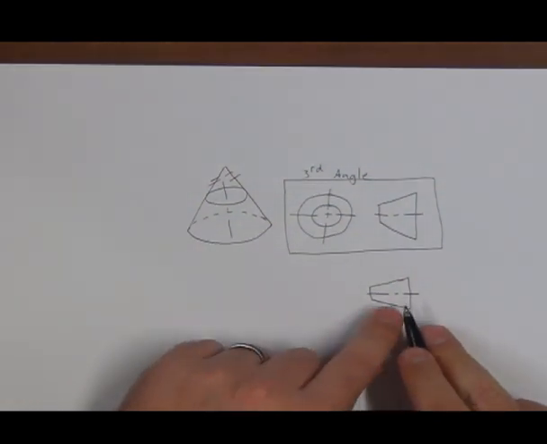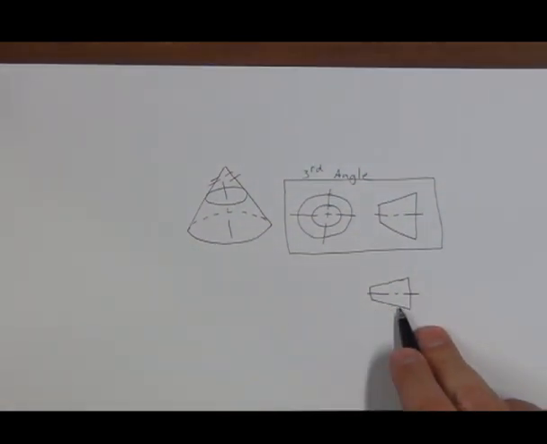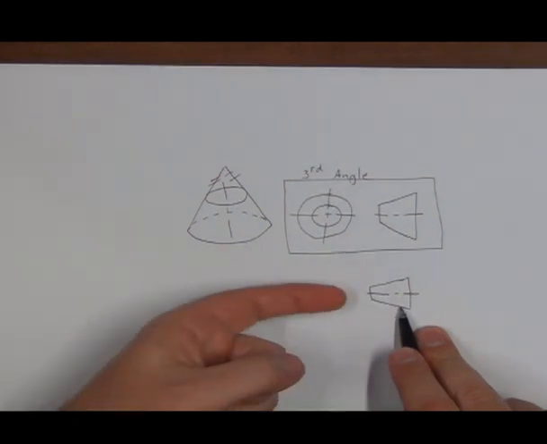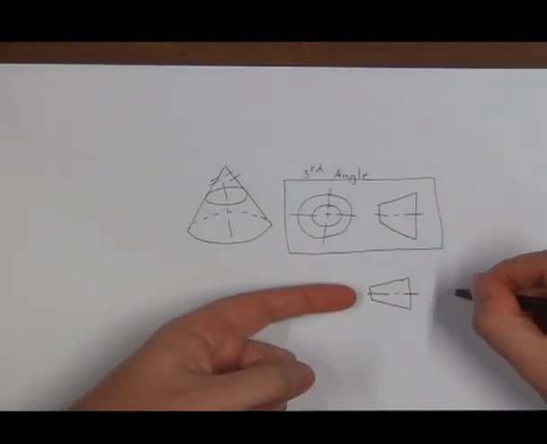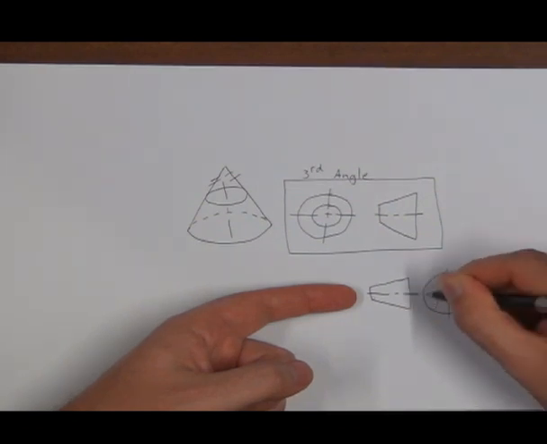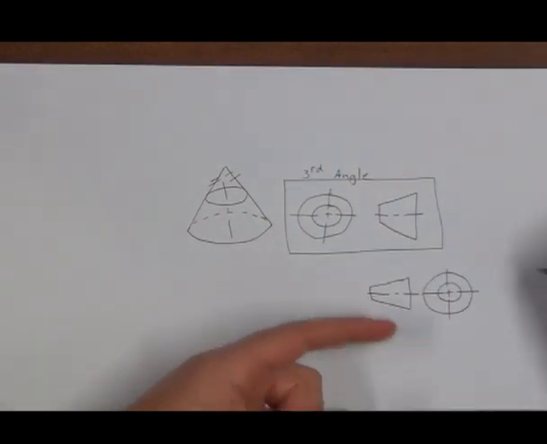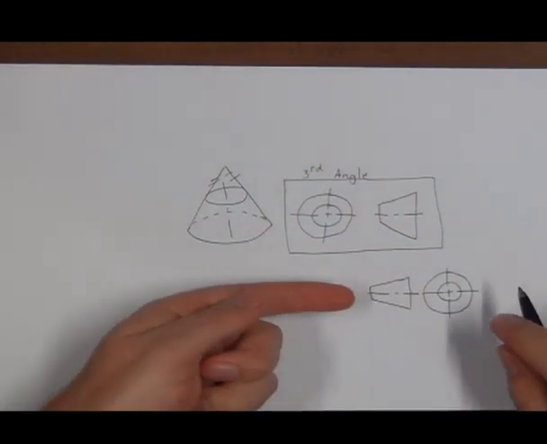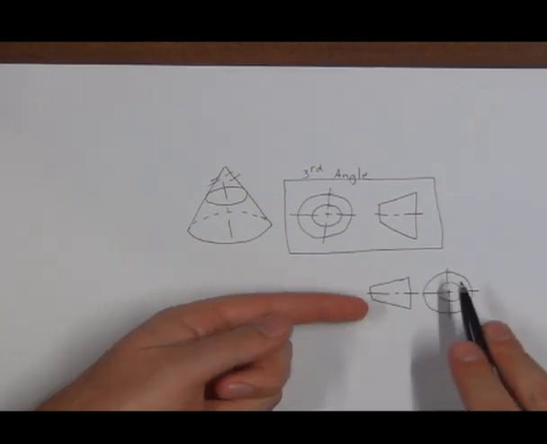Again, we have this cylinder or cone shape from the side. If I place what I see from the left, if I place it on the right, this now means what I see from this side, I can find that picture on that side.